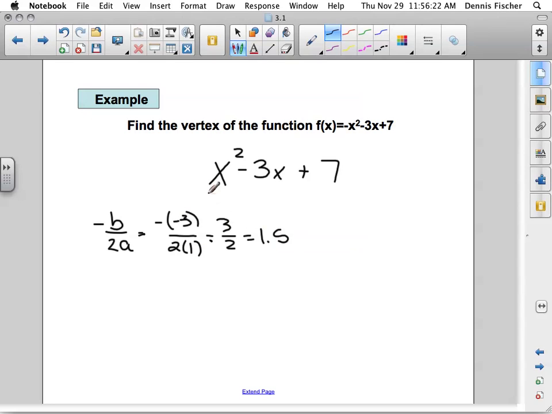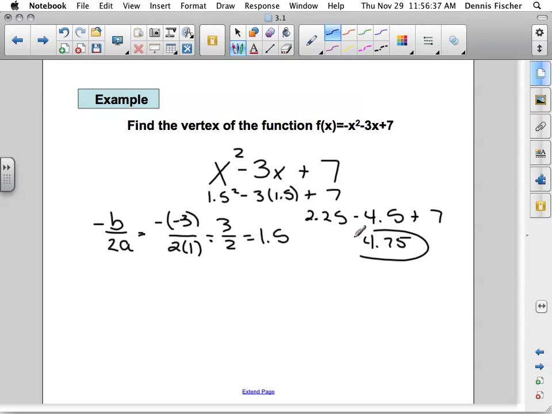Then I went back up here and plugged in 1.5 squared. Oh, so you plug it back. 2.25 minus 4.5 plus 7, and then I should get 4.75. This is what my value is, max or min. This is where it happens.